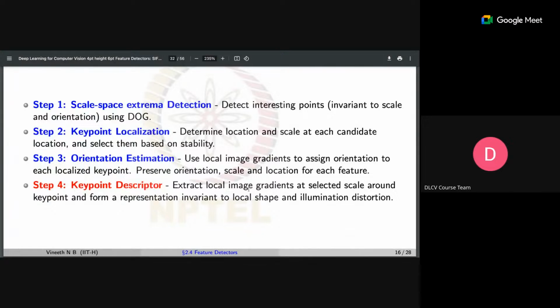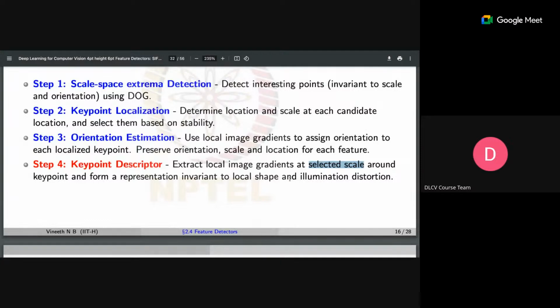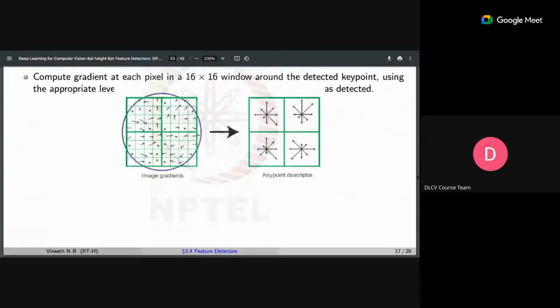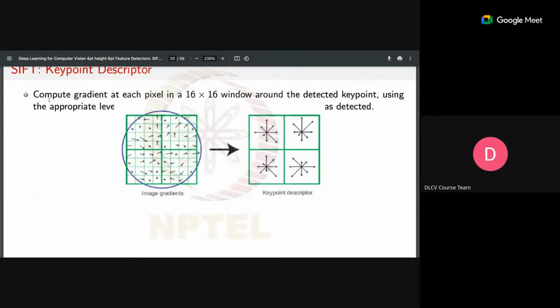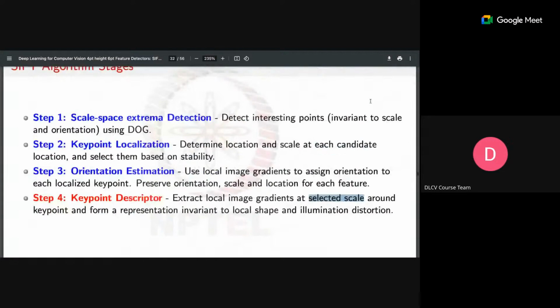So now we extract the local image gradient at the selected scale. Remember, we have not let go of the scale. We are still using the same scale which we used in the first step, around the key points, and form a representation invariant to local shape and illumination distortion. So now we compute the gradient at each pixel in a 16 by 16 window around the detected key point.